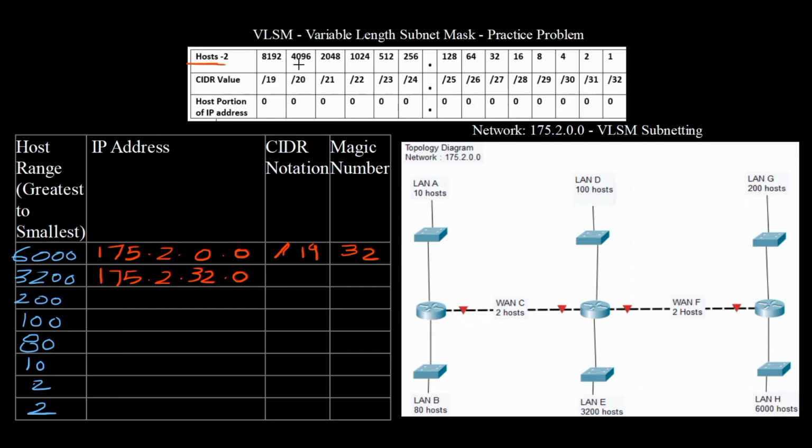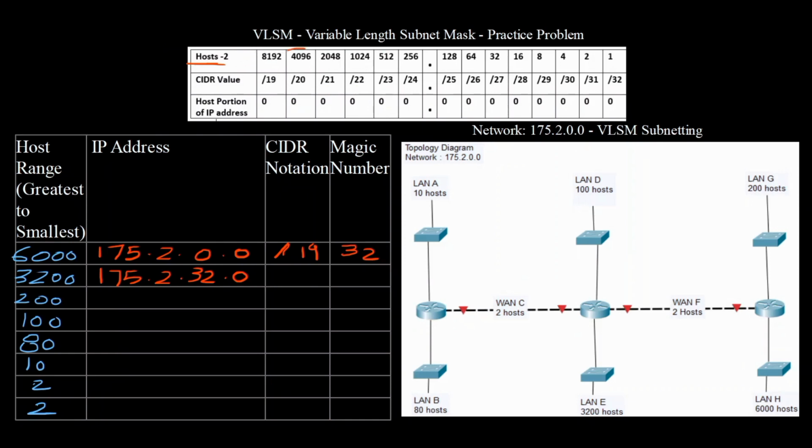Here we have /21, the hosts are 2,048, and this is not enough. We are looking for 3,200, so the nearest is 4,094, from 4,096, and the CIDR value is /20. So this is what we're looking for here.